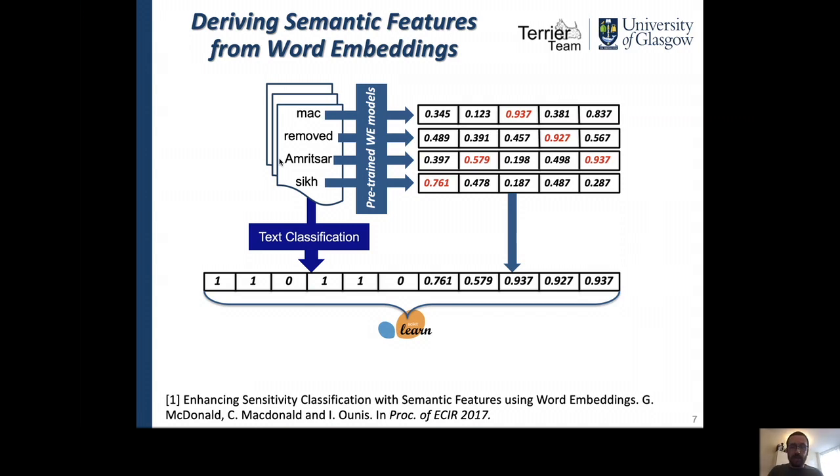Now, there's been a little bit of talk so far about deep learning models and all these new language models that have been produced recently and have made great progress in certain natural language processing tasks. But I'd like to highlight again the fact that we really care about transparency and interpretability at this stage.